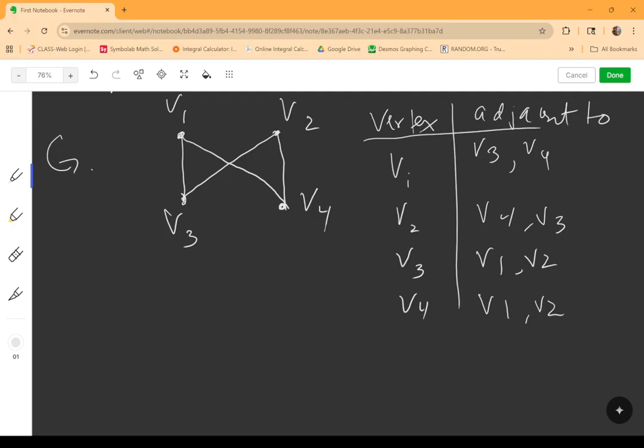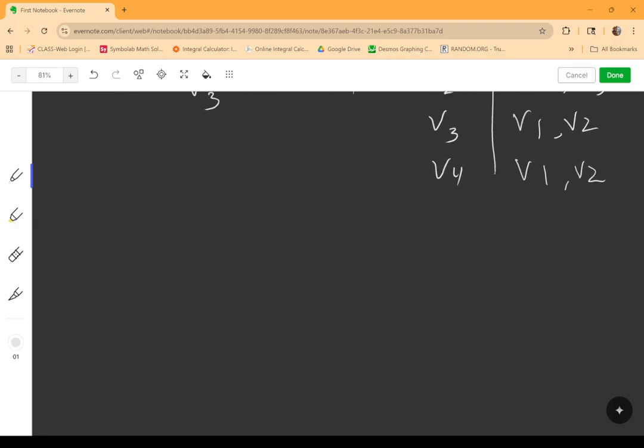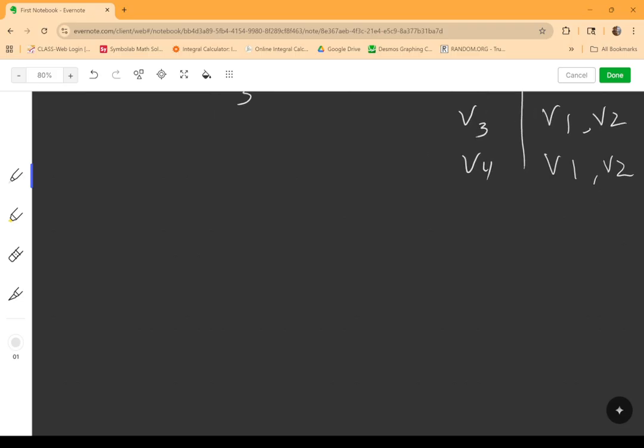So let's get into the definition, and we'll see the definition is a set-forward definition. It just defines a graph as an ordered pair of sets. So let me write that out.